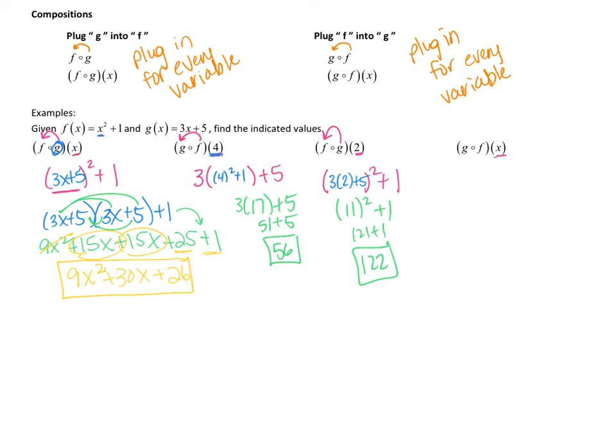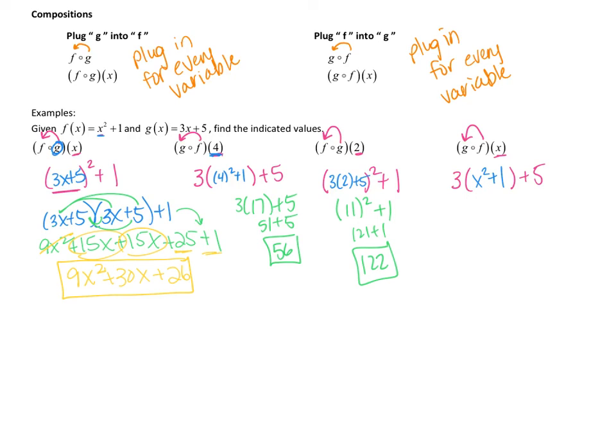This time I've got an x here. So that means in the end I should have x's in my answer. I'm going to take f and I'm going to plug it into my g function. So I'm going to start off writing my g function, open set of parentheses instead of that x. I'm going to plug in x squared plus 1 into that open set of parentheses.